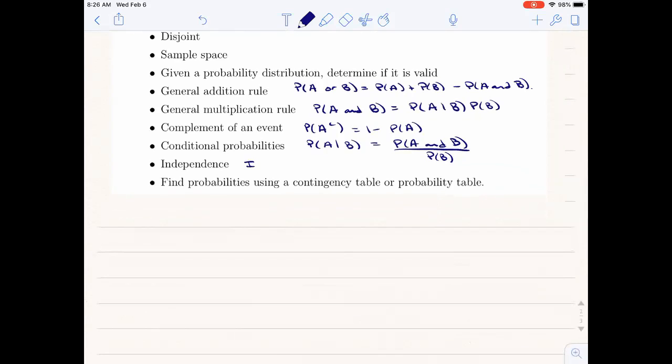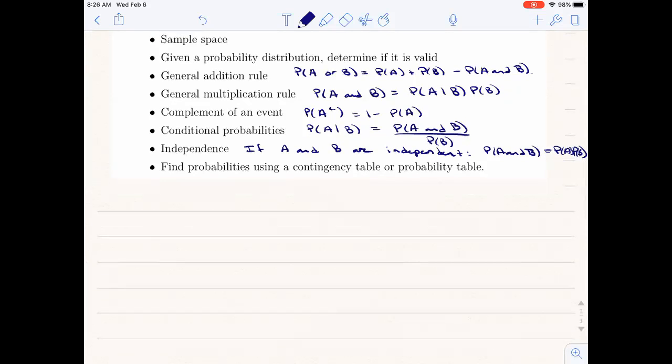Independence, you have on your formula sheets, if A and B are independent, then the probability of A and B is the probability of A times the probability of B. Sneak that on there. And then find probabilities using a contingency table or probability table. We'll go through an example.